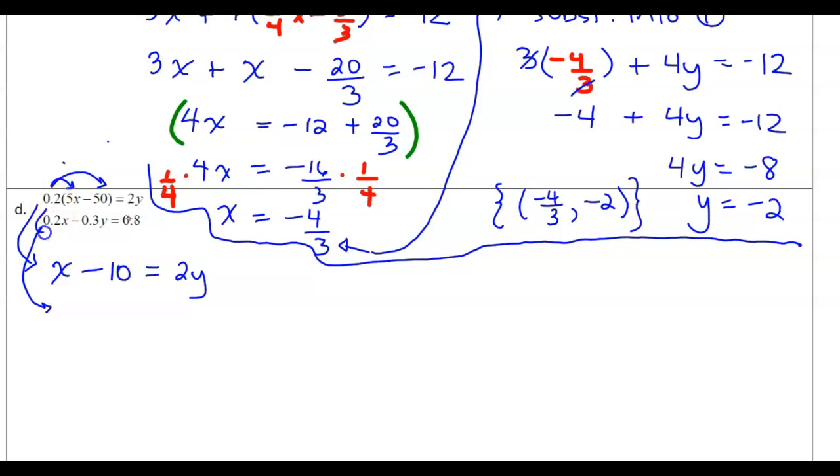So if I multiply by 10, I will get 2x minus 3y equals 8. Now it's a really nice equation. No decimals, no fractions. The first one I can solve for x easily by adding 10 to both sides.